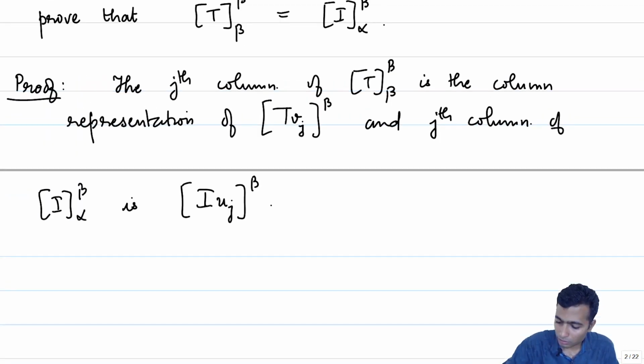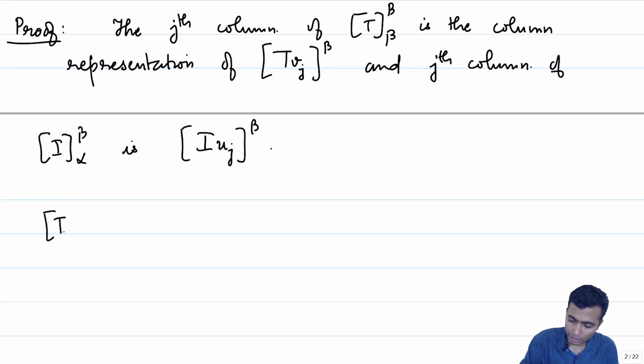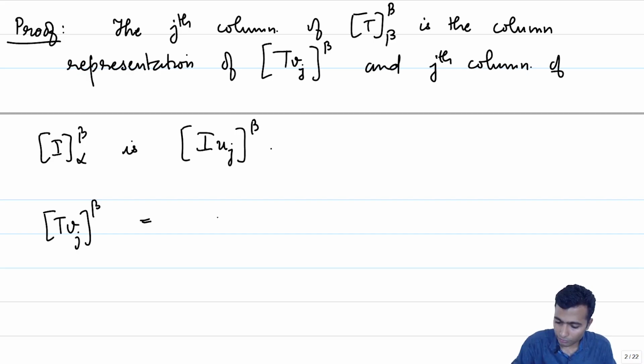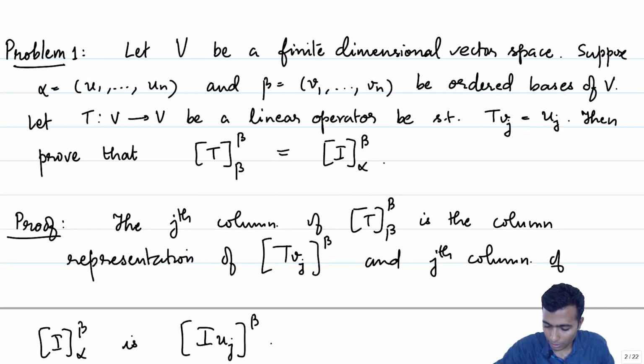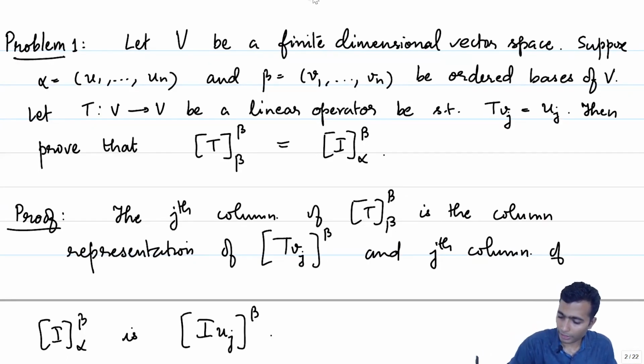What is TVj with respect to beta? This is what we are interested in, right? So we will not explicitly compute this. We'll just notice that TVj by the very definition is Uj with respect to beta by definition of T. Let's just scroll up and observe, which I am now underlining in green, TVj is equal to Uj, is the definition of T itself.